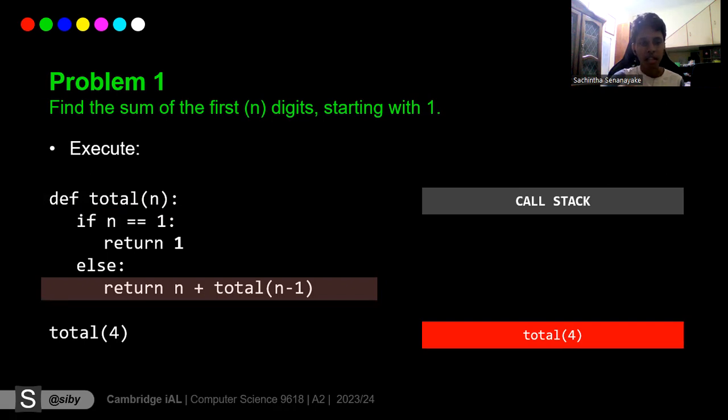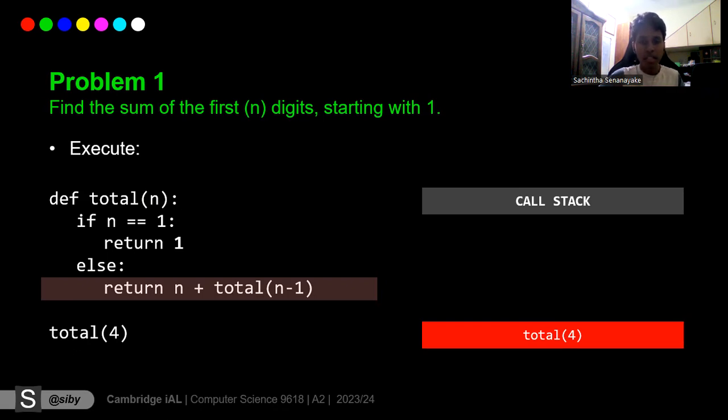So what happens here? You say return n plus total n minus 1. What's n in this case? 4. What's n minus 1 in this case? 3. So return 4 plus total 3, right? That's what evaluates. But there's a small issue. Total 3 wouldn't give us the answer immediately, right? Total is another function call.